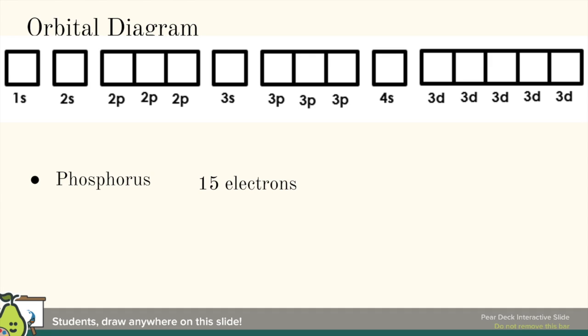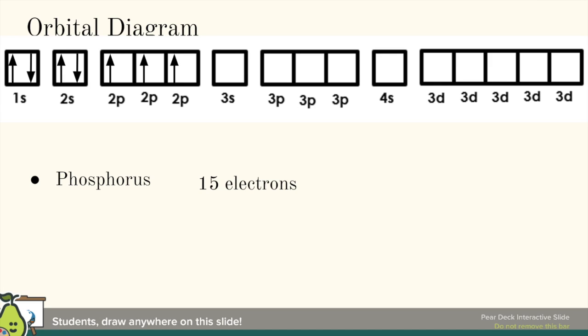Okay. Then I have my phosphorus. So my phosphorus, same thing. I have 15 electrons, and I'm going to follow the 3 rules that we just went over and just put them in. So we have 1, 2, 3, 4, 5, 6, 7.